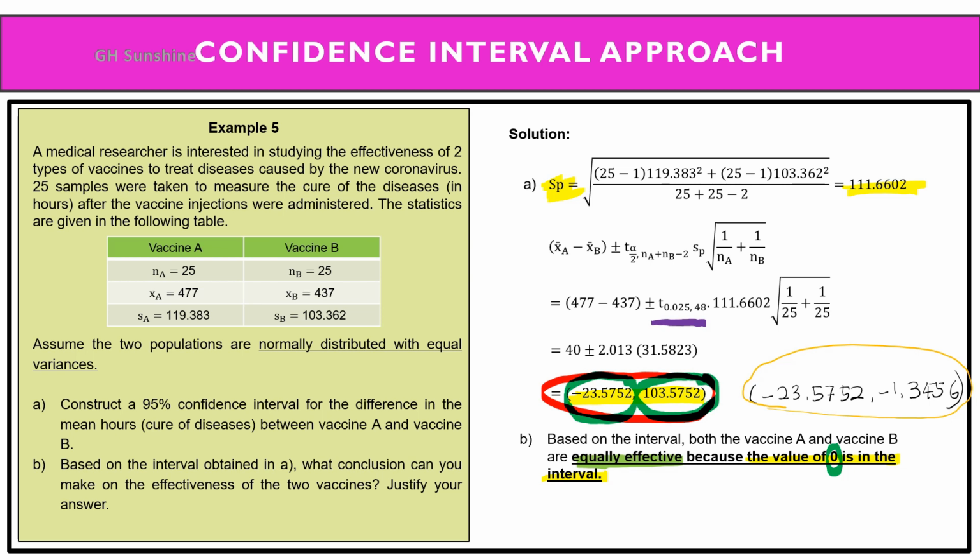So the conclusion is not equally effective. Why? Because the value of 0 is not in the interval. So when you want to conclude the claim or the test based on the confidence interval approach, you can use the zero value concept: equal or does not equal based on the zero value.